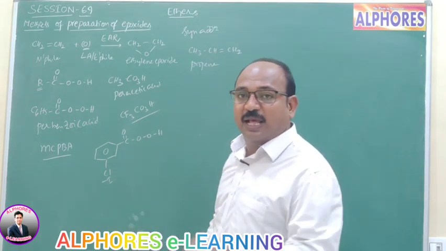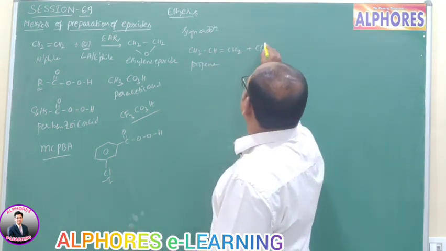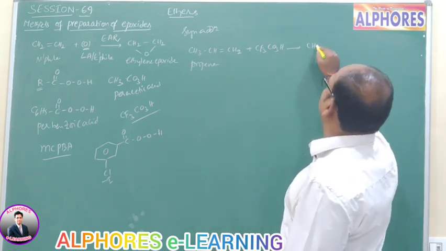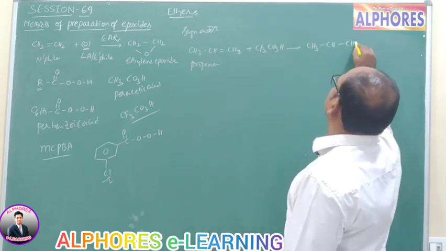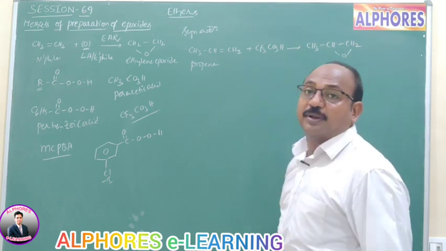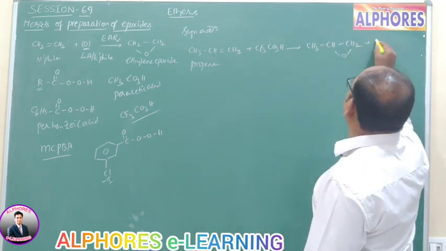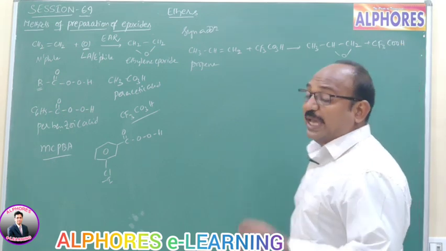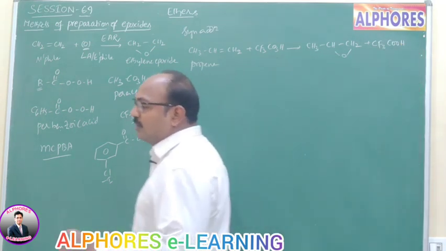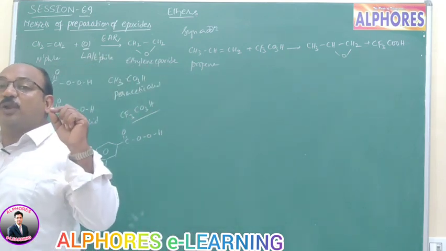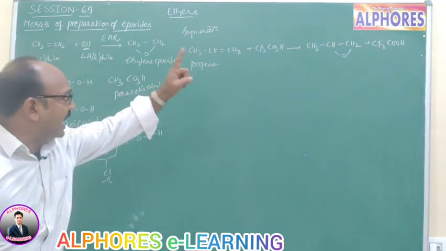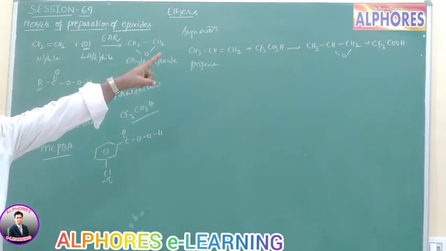Ethylene gives ethylene epoxide, propene gives propene epoxide, with CH3CO3H, then we get CH3CH CH2 O, and here we get CF3COOH. So a peracid converts into a normal acid by losing one oxygen.